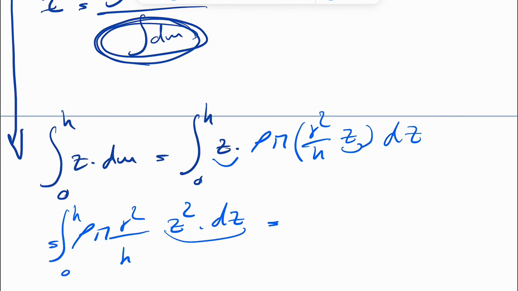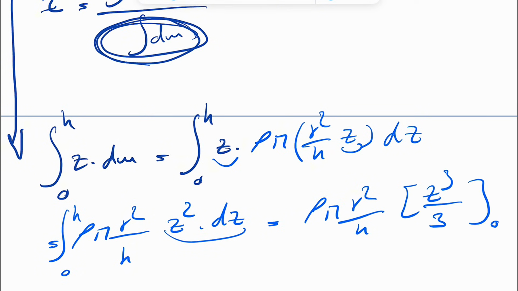And this part is just going to be z to the power of 3 over 3, or z cube over 3. So rho pi r squared over h, z cube over 3, from 0 to h. So if you evaluate that, you're going to get this.